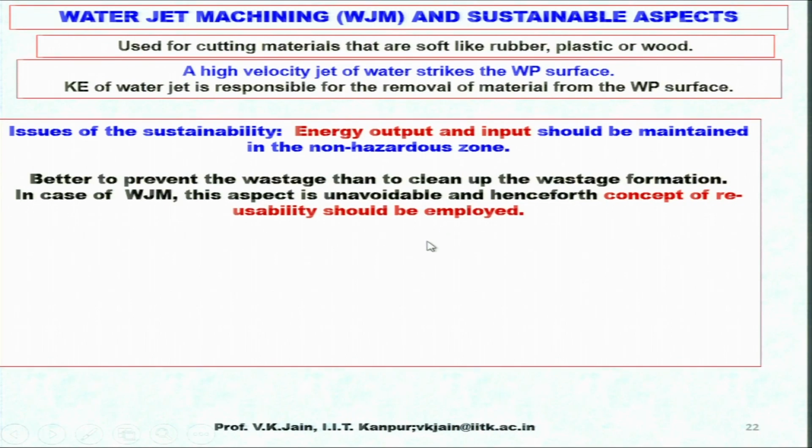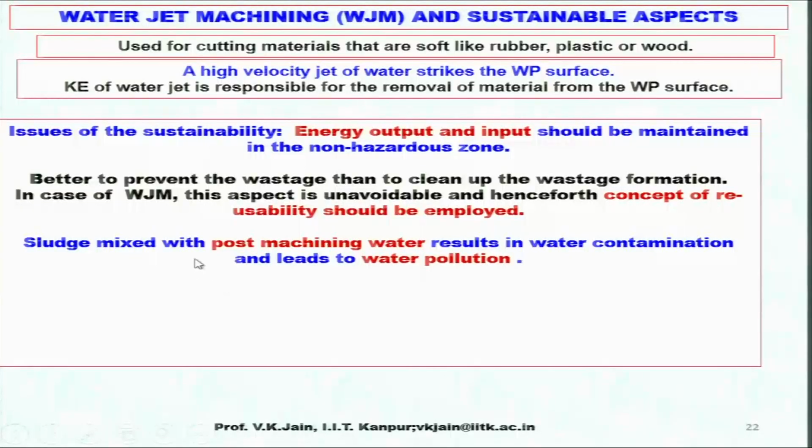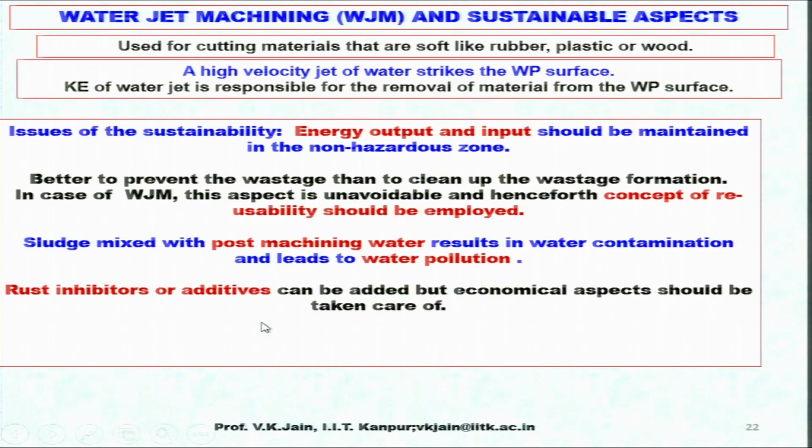Water should be mostly reused after filtration, so that the eroded particles of the workpiece may be separated out before recycling the water. Sludge mixed with post-machining water results in water contamination and leads to water pollution, and this should be cleaned before recycling or throwing it out.